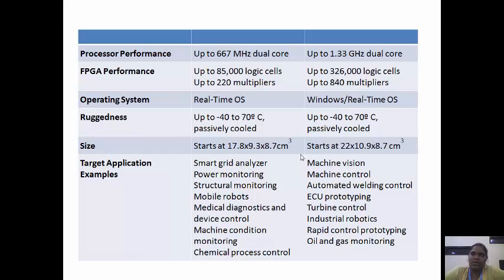It is used in departments of power electronics and laboratories, power monitoring, structural monitoring, and mobile robots, also in the case of robots which are used in surveillance and rugged areas. And higher versions are used for machine vision, automated welding controls, prototyping, turbine control, etc. Thank you.